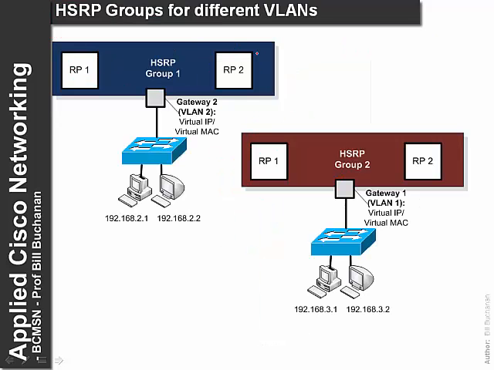We can also do the same for different VLANs. In this way, VLAN 2 has one gateway here, and HSRP Group 1, VLAN 1 has these two devices, and again we have a virtual gateway for VLAN 1.